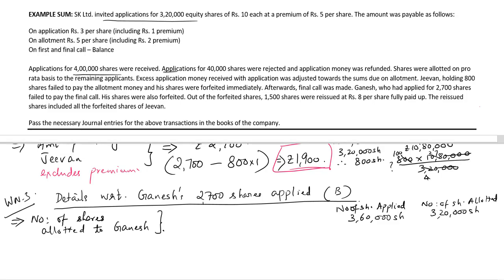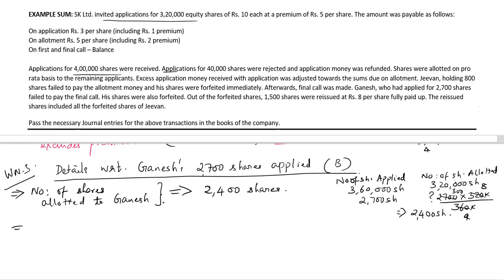Therefore, for 2,700 shares applied by Ganesh, the number of shares allotted will be 2,700 multiplied by 3,20,000 divided by 3,60,000. That comes up to 2,400 shares. So the number of shares allotted to Ganesh will be 2,400 shares.